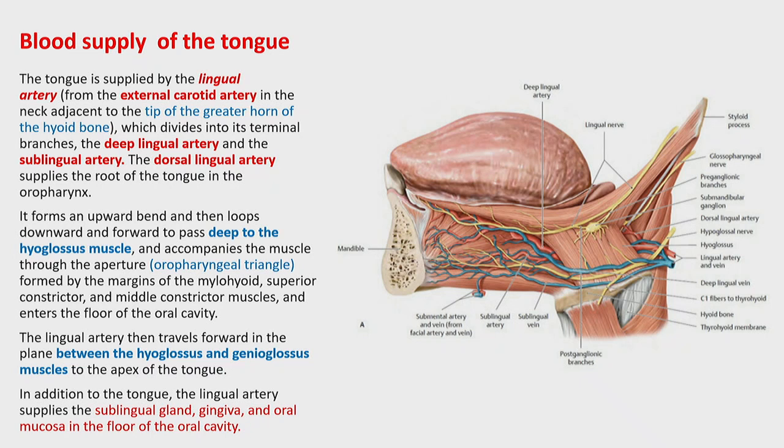The main arterial blood supply of the tongue, as we mentioned before, according to its name, is the lingual artery. The lingual artery is one of the ventral branches of the external carotid artery, which, approximately at the level of the greater horn of the hyoid bone, comes ventrally from the external carotid artery.